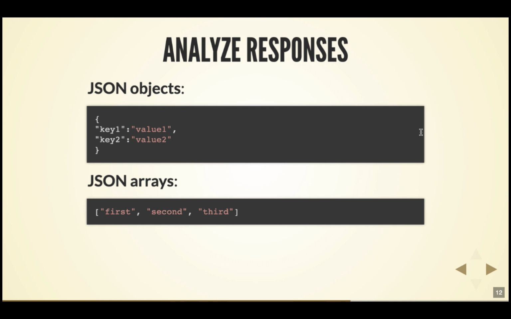Angle brackets are markup stuff. Sorry, you're right. Yes, thank you for correcting me. The responses can also mix these. You can have an object that contains arrays. You can have arrays that contain objects. So it's kind of a mixture of this. But by and large, JSON, which stands for JavaScript Object Notation, is kind of like JavaScript's language for how they structure things.